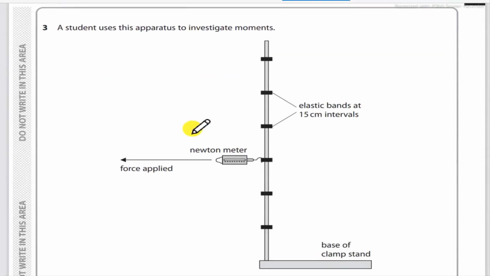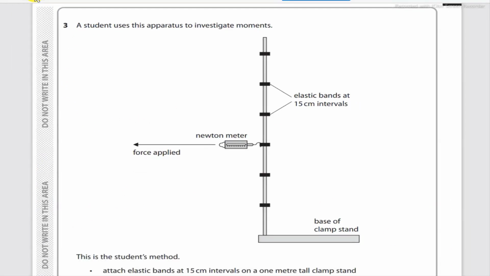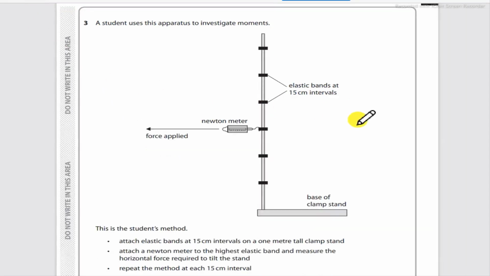Now question number 3. A student uses this apparatus to investigate moments. Look at the diagram here. Force applied by the Newton meter in the left direction. Elastic bands at 15 cm intervals.